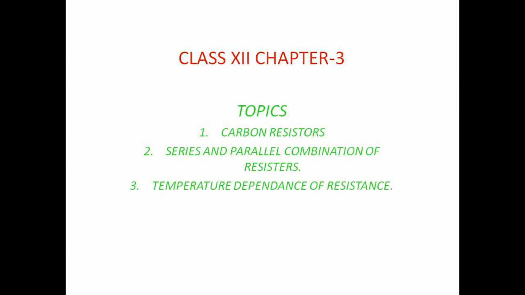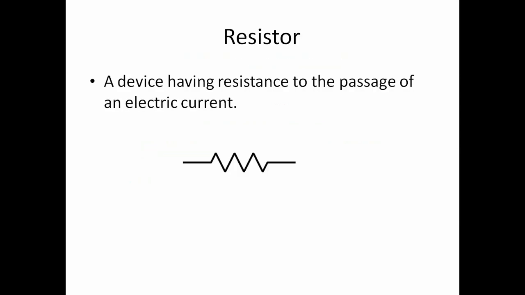The three main topics are: first, we are going to discuss carbon resistors; then series and parallel combination of resistors; and third, temperature dependence of resistance. So these are the three main topics that we are going to discuss today.